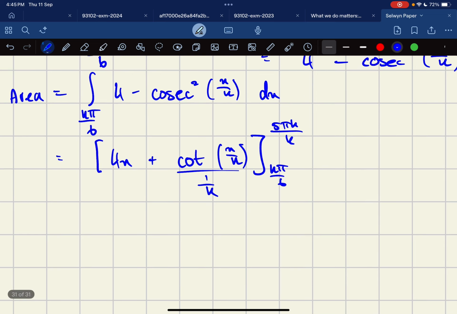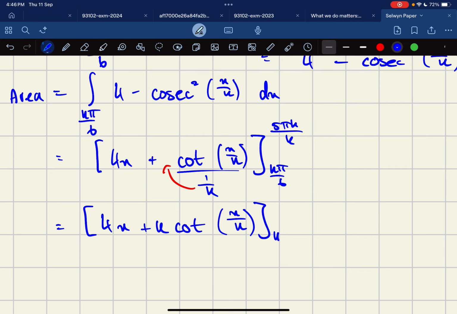And you can see here that if you're dividing by a fraction, then let's take the reciprocal of that. So this becomes just k. So this is 4x plus k cotangent of x over k from k pi over 6 to 5k pi over 6.